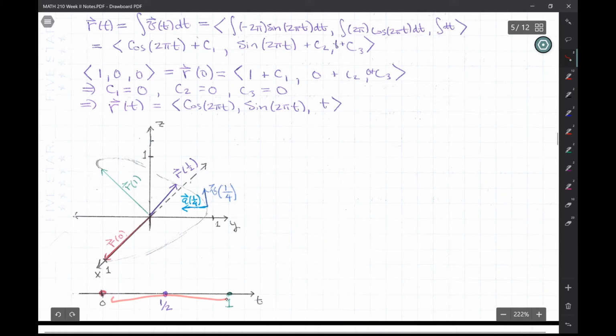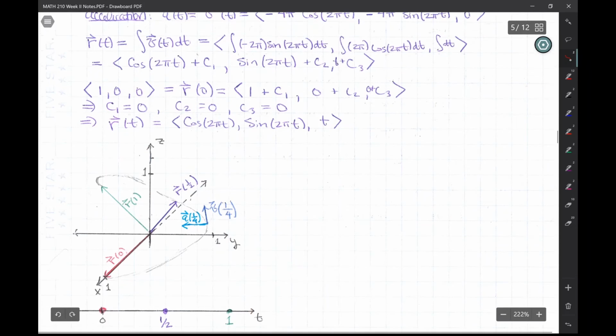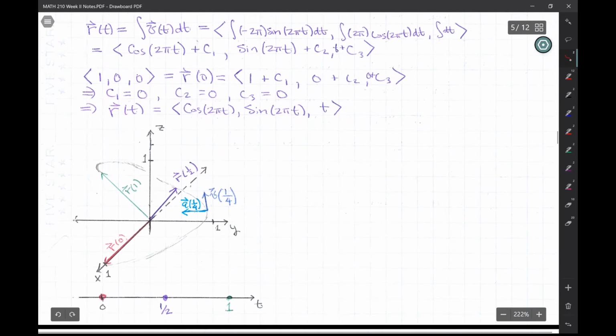Here we complete one whole cycle around the z-axis after 1 second. And we obtained that by having the 2 pi in there. So it's not really necessary to always complete a cycle in 2 pi. That's only true if you use the parameter of angle inside your cosine and sine. Here we just let the time run from 0 to 1, and we still made it around the circle.